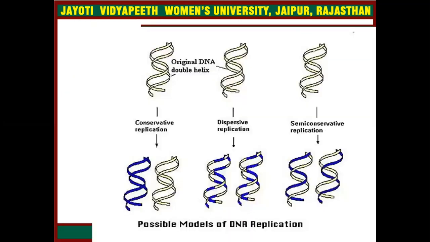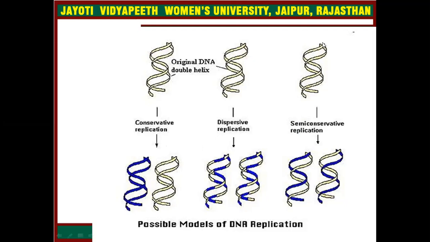Here you can see the difference. In the conservative, this is completely old and this is completely new. In dispersive, each strand will have both new and old. But in semi-conservative replication, one strand will be old and the second strand will be new.